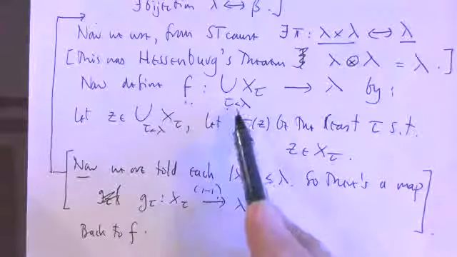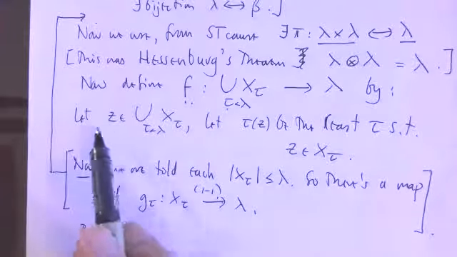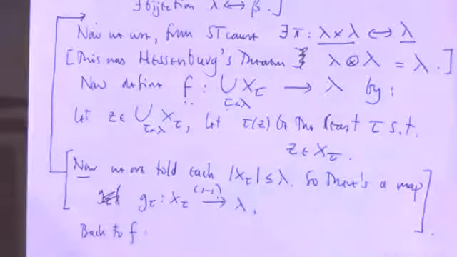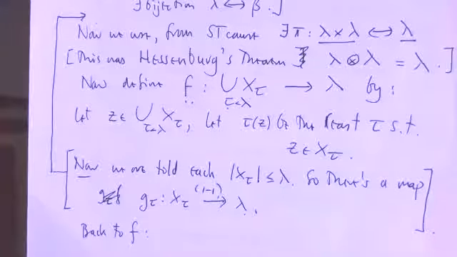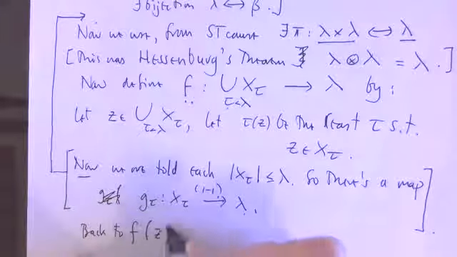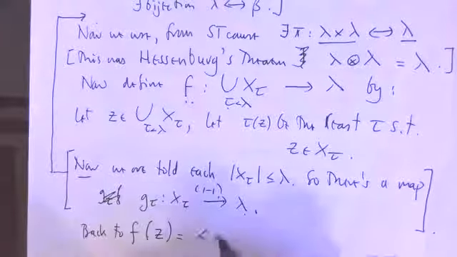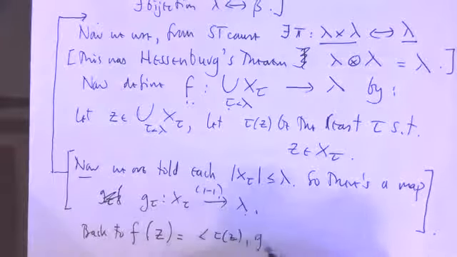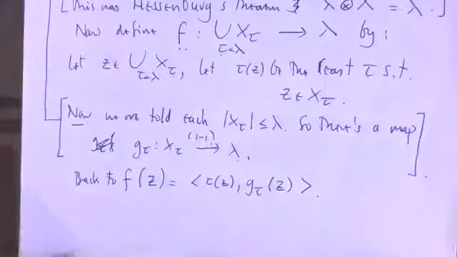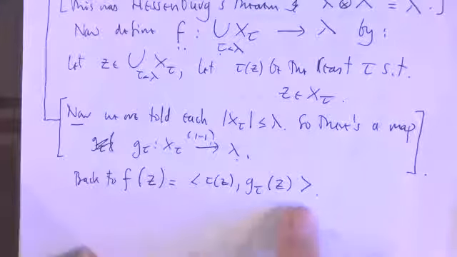I pick an object in the domain of F, Z. I find the least Tor such that Z is in X Tor. So I can apply G Tor to Z here, and this will give me something in lambda. So I let F of Z be the least pair, Tor Z, and then G Tor of Z. So I've got here something in this Cartesian product.